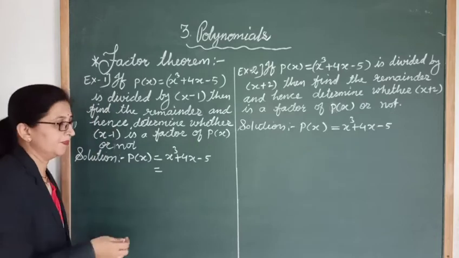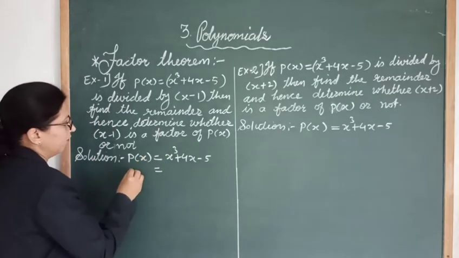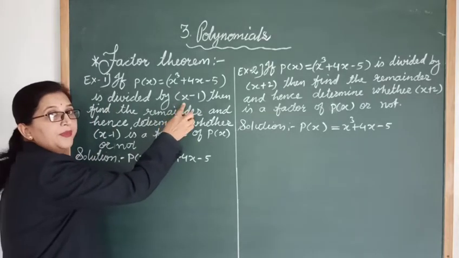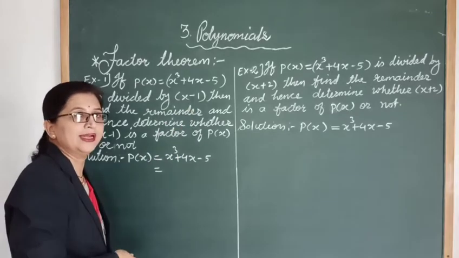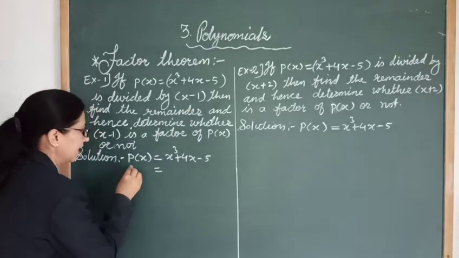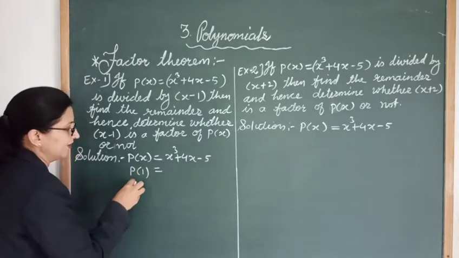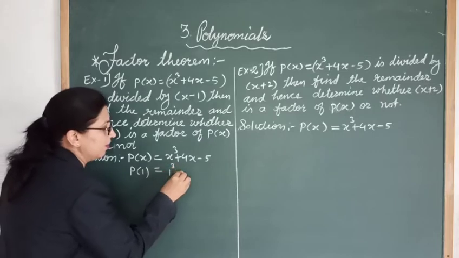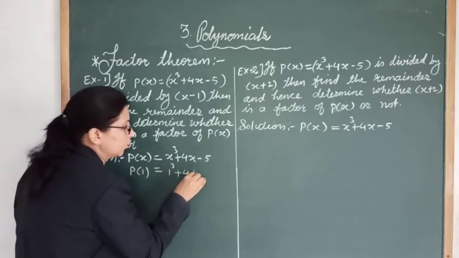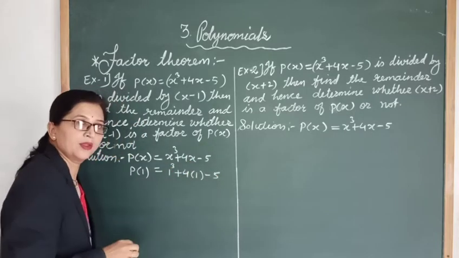So let's find out. What value of x will we put here? As x minus 1 is there, its opposite we'll put, that is plus 1. So here polynomial in 1. So here x cube, that is 1 cube plus 4 into 1 minus 5. Okay.